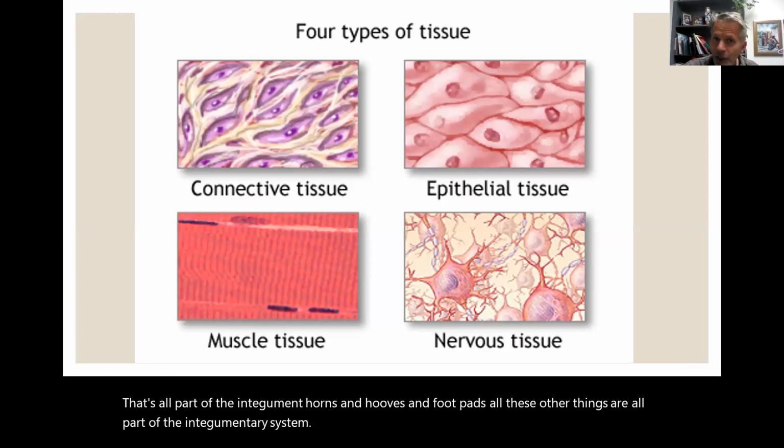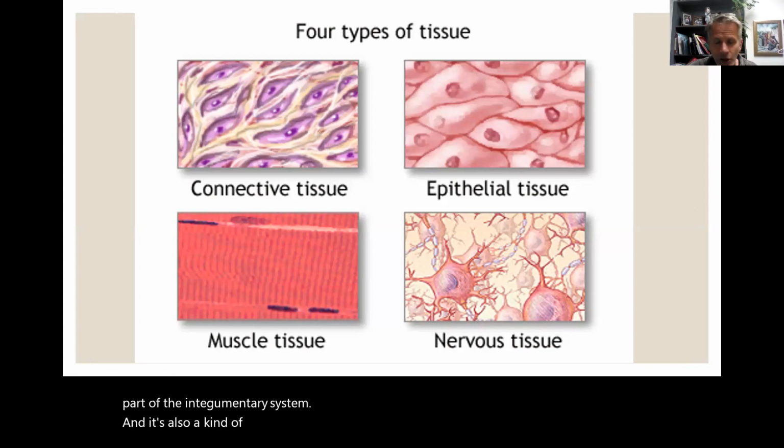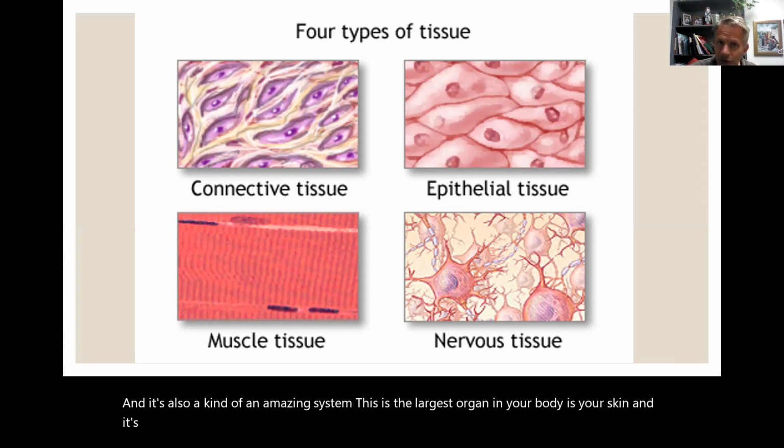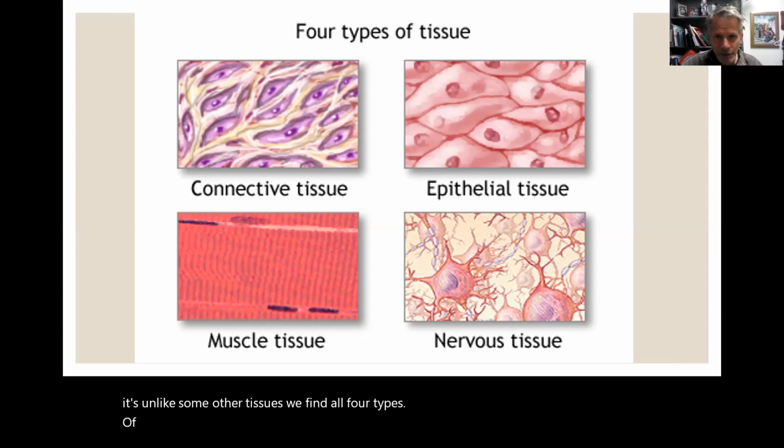And it's also a kind of an amazing system. This is the largest organ in your body, is your skin. And unlike some other tissues, we find all four of the basic types of tissue here. We've got epithelial tissue, connective tissue, muscle tissue, nervous tissue. It's all in the integument.